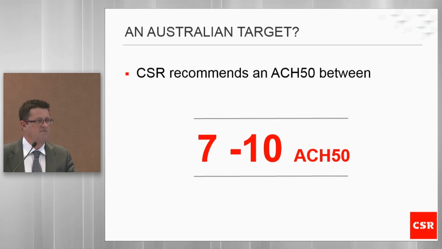So whether it be an HVAC system or a heating, cooling, or just a ventilation system, we put dampeners on our extraction systems. We make sure that things like the range hood above our cooktops are actually taking air outside, and you'd have a dampener on that. An ACH 50 of between 7 and 10 is very achievable. So we get that balance between not having to take everybody to a completely different planet in the way we construct, but just do things a little bit better.